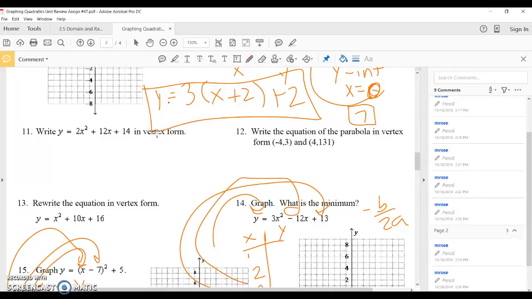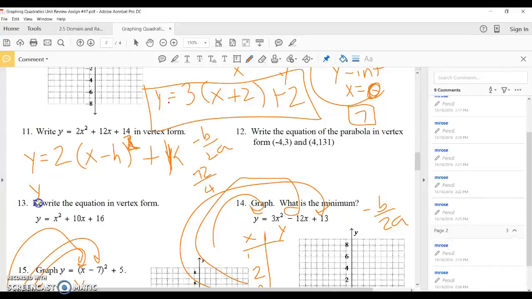Write this in vertex form. Well, I know my slope already. It's 2. So that means I just have to find my x vertex and my y vertex. X vertex would be negative b over 2a, which in this case would be negative 12 divided by 4.